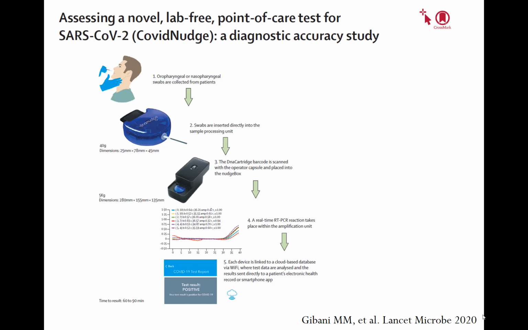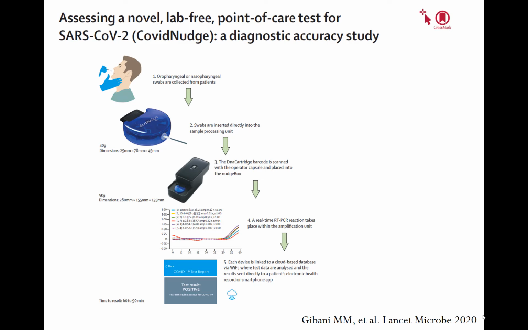So this is an example of a PCR test. This is a novel lab-free point-of-care test for SARS-CoV-2. So the technology is rapidly developing with the pressure that we're under. Quite remarkably, these new tests are being developed. This is a truly remarkable point-of-care PCR test.